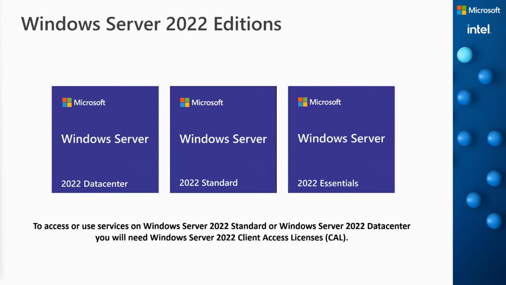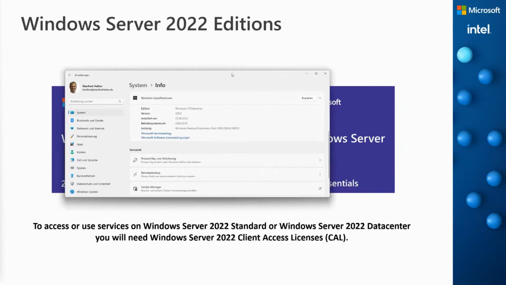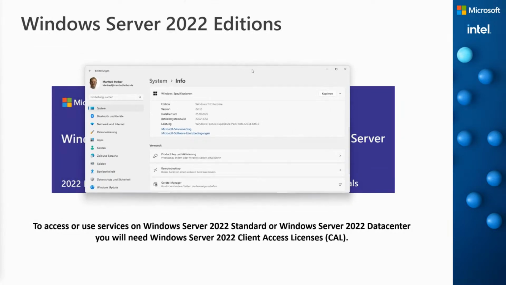But what we can do, I have an update run on my system here. Let's have a look at this machine here. This is exactly the machine where I'm working on.